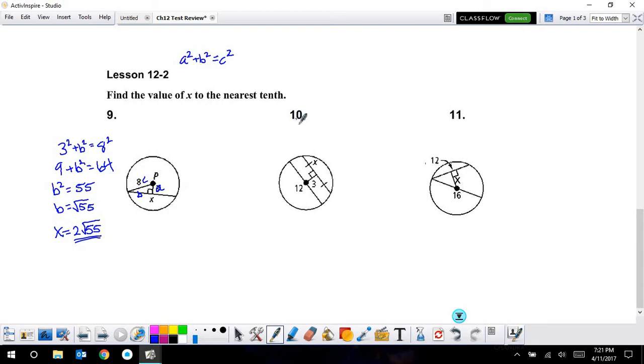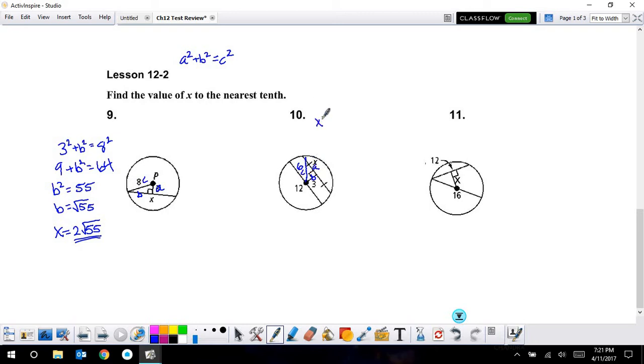So for 10, you've got to work this in a similar fashion. So since the diameter is 12, if I were to sketch in a radius here and label it as 6, now I get my right triangle. So now I have a squared plus b squared equals c squared.